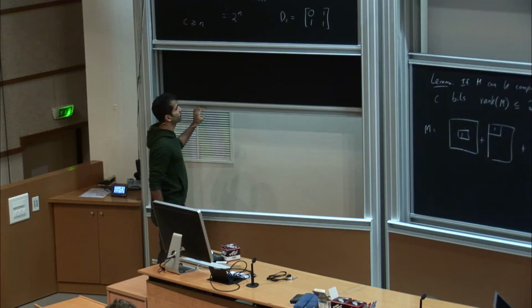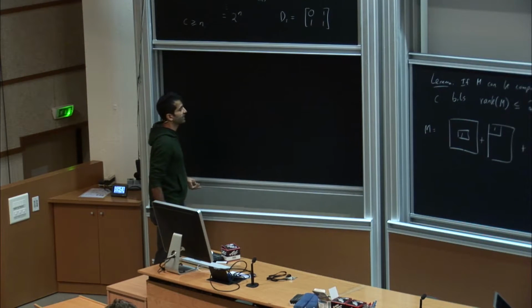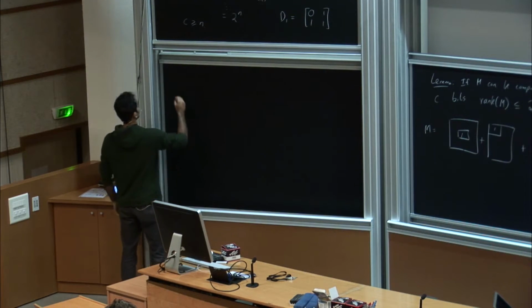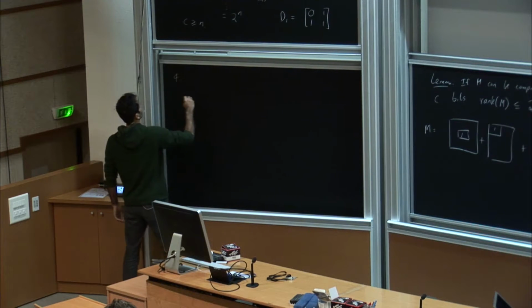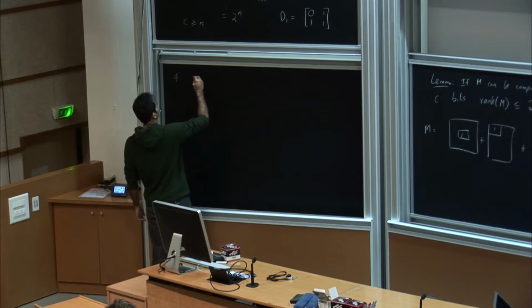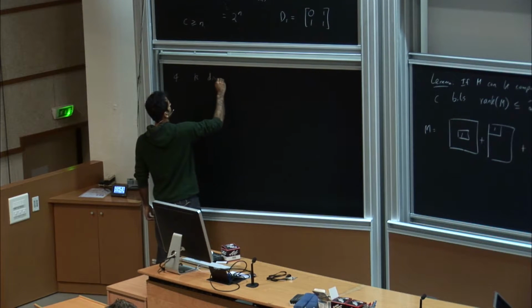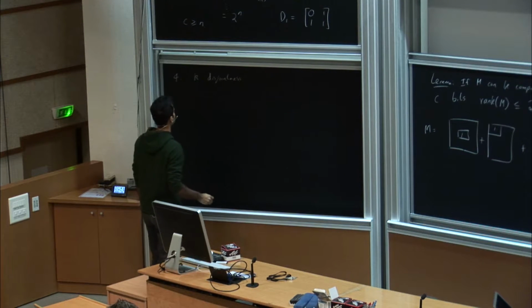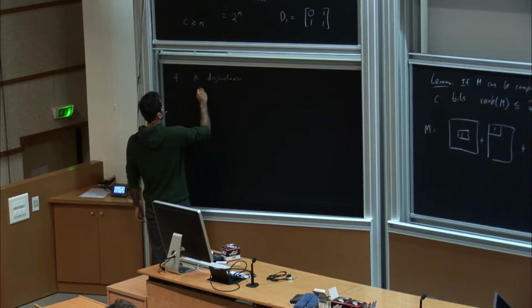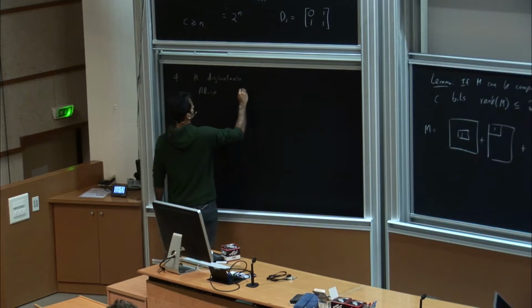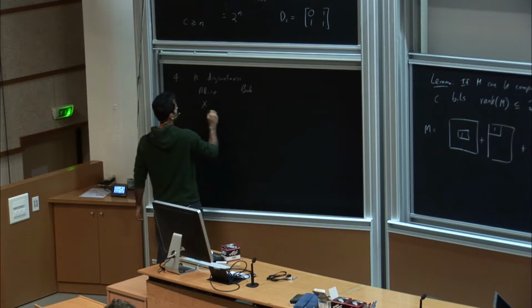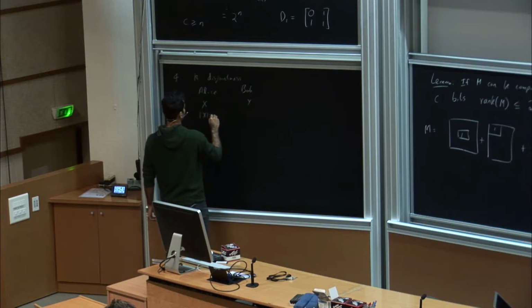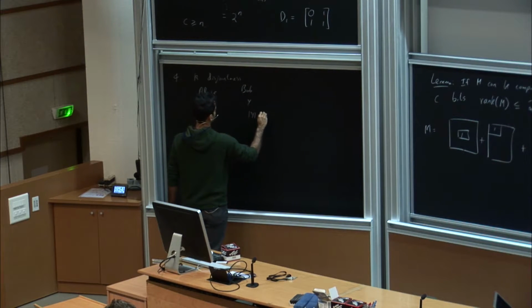And the same proof applies to what we talked about yesterday, k disjointness. This one is a little more complicated, so I won't do the proof. But I'll just tell you that here Alice gets x, Bob gets y, and the size of x is equal to k. The size of y is equal to k.